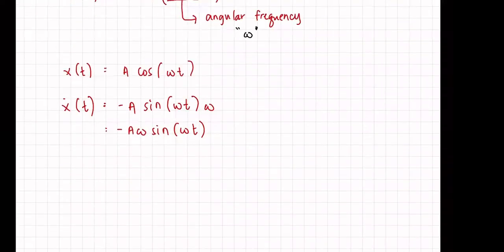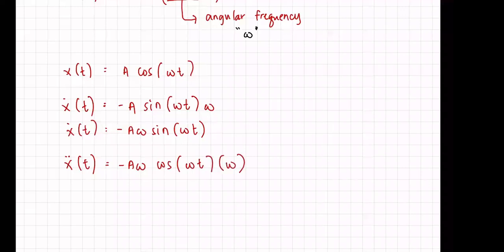Okay? So, ito yung displacement equation natin. Velocity equation. Then, acceleration equation natin is derivative lang ulit nung given natin sa taas. So, negative A omega cosine of omega t times omega. So, simplify natin.